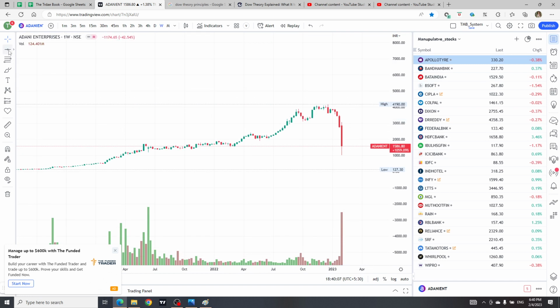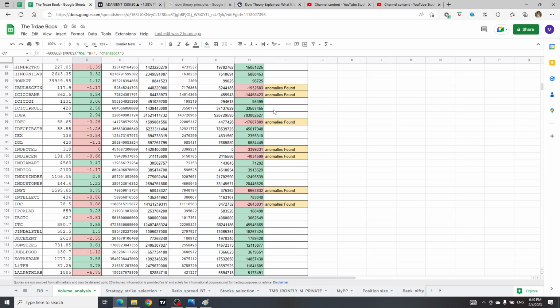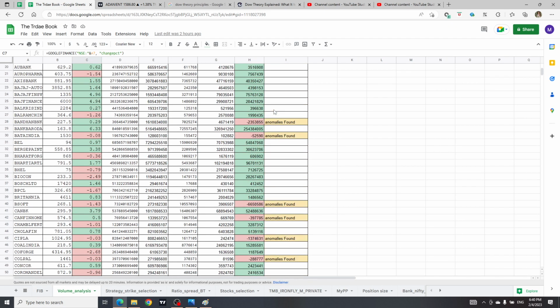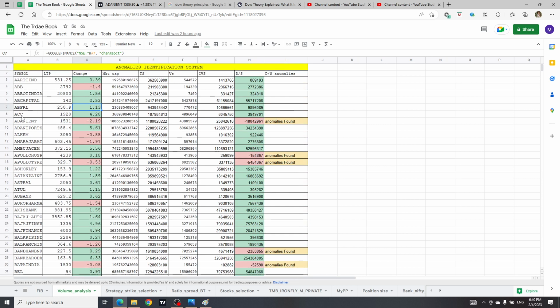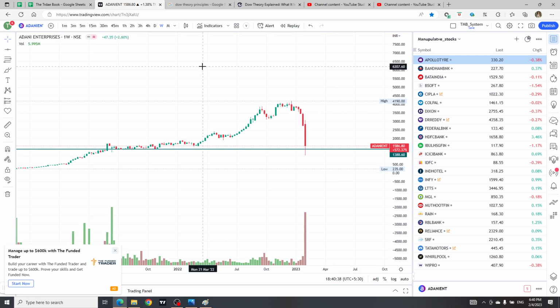If we see, this is where the support zone is, and my system is saying anomalies found for Adani. Some automation: all these values are going to change in the live market, and immediately I will get anomalies found. Any anomalies that are there, I will get them.